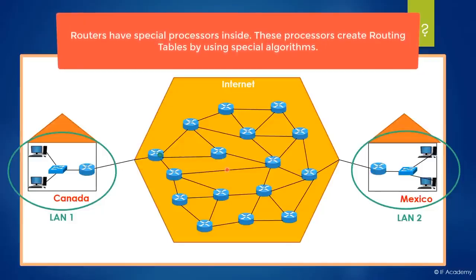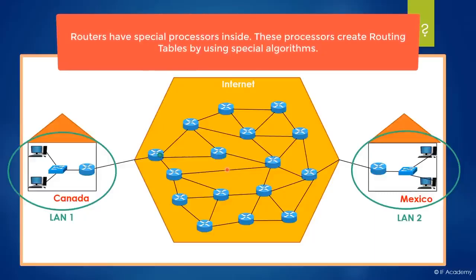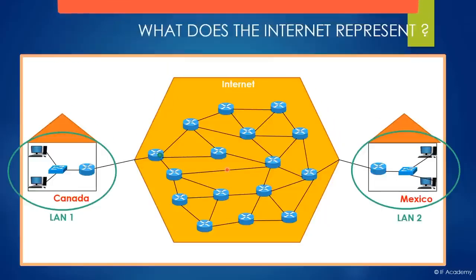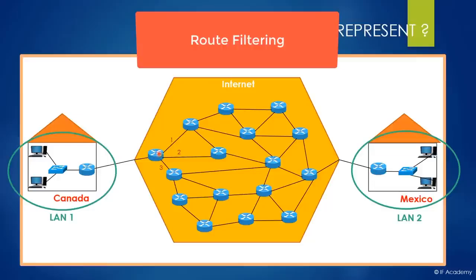These algorithms determine the path that a packet must go, and the results of these algorithms are added to the routing table, okay? As a result, this router will look at its routing table and learn which path the packet must be forwarded, 1, 2, or 3. Meanwhile, when a router makes this decision, it always ignores the path that the packet came from, because it makes no sense to forward the packet back the way it came from, right?